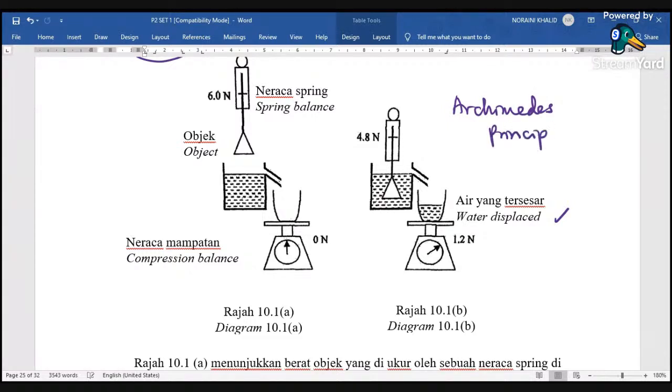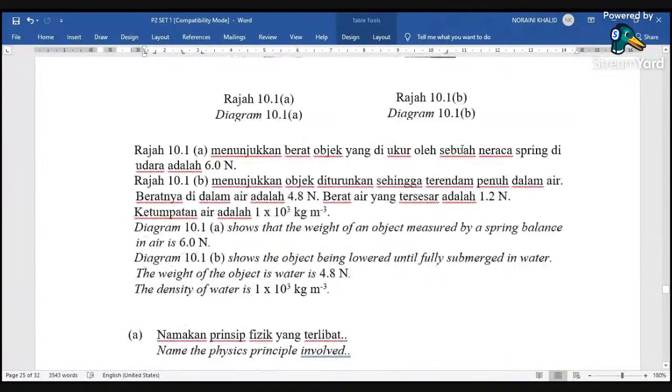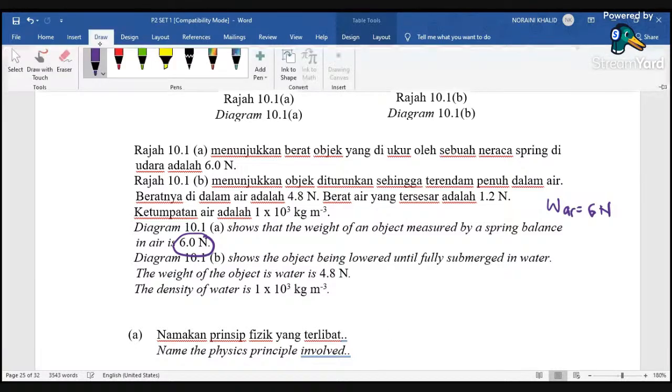So try to find the concept or the law or the principle related first. Diagram 10.1 shows the weight measured in air is 6 Newton. The weight of the object in water is 4.8. So I just put a different symbol for this one.